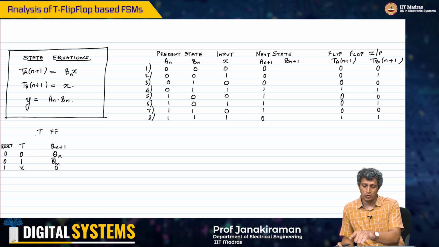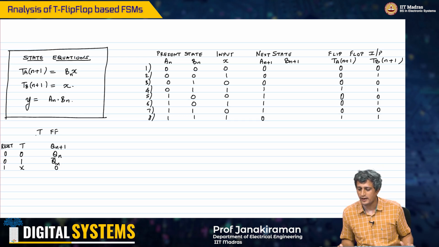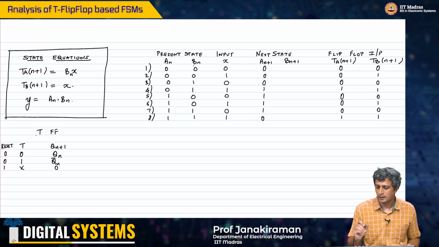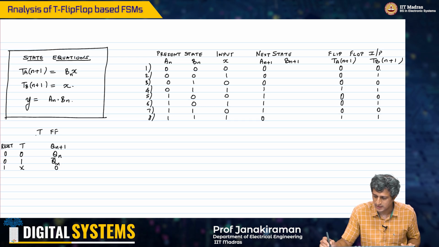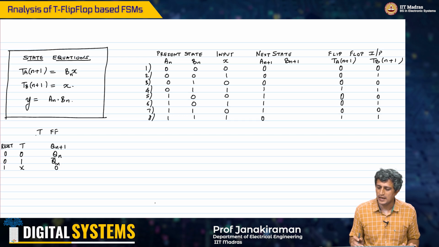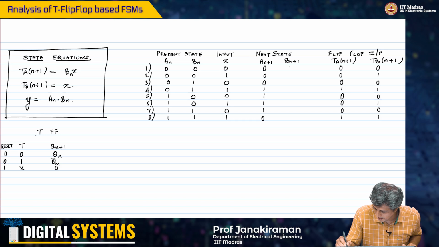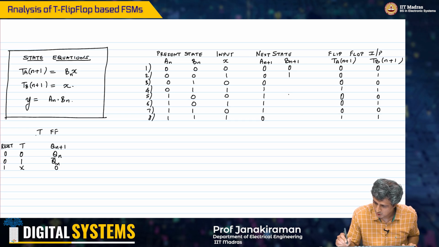Bn plus 1 is going to depend only on TB, right? And Bn, right? So TB is 0, means it's going to, on the first entry, TB n plus 1 is 0, and Bn I know is 0. So you will just retain this state. You will toggle this state. You will retain this state. You will toggle this state.